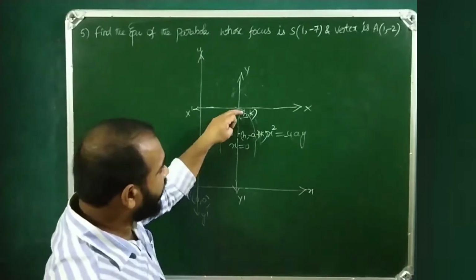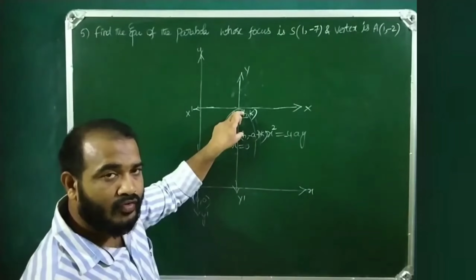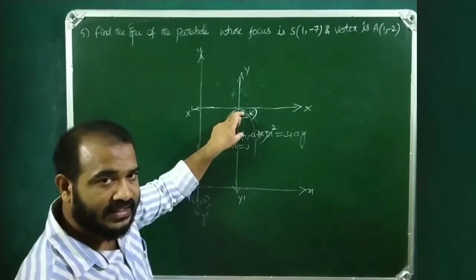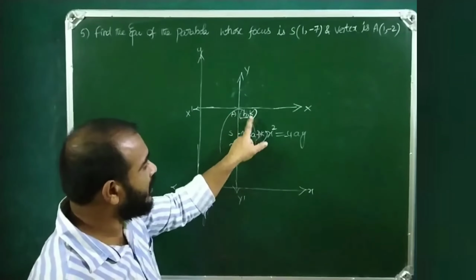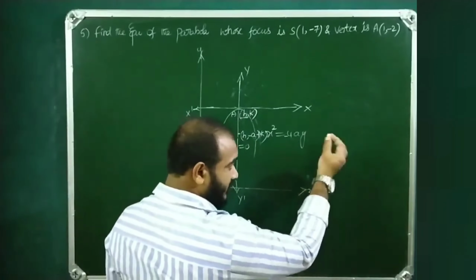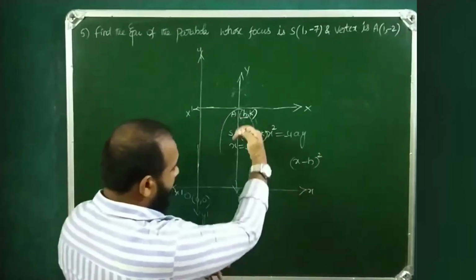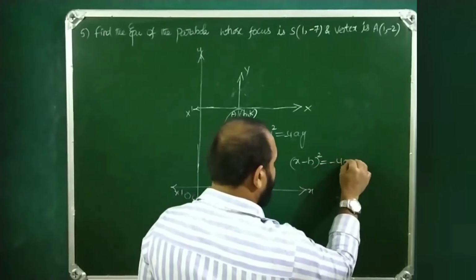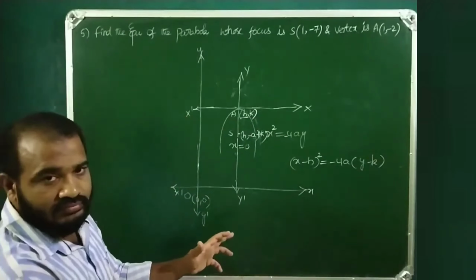Here x coordinates are equal. It is symmetric about y-axis, x power even. That too here h comma k. That means it is not x square equals to 4ay but x minus h whole square equals to negative, so minus 4a into y minus k. So this is all that is required.